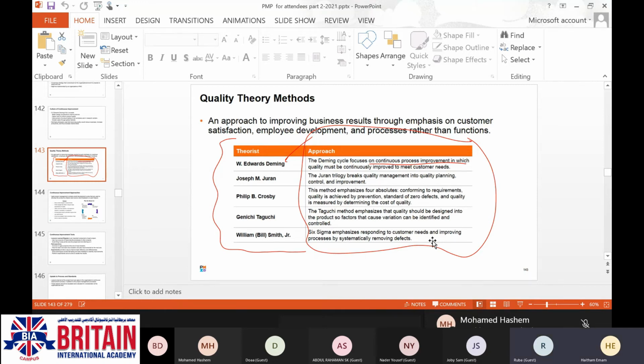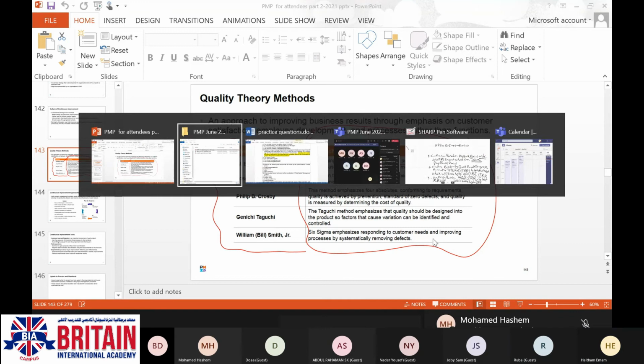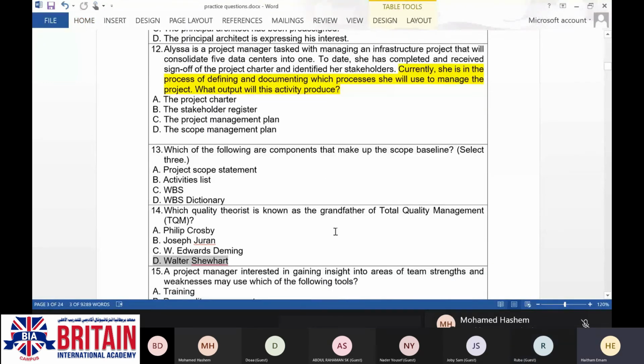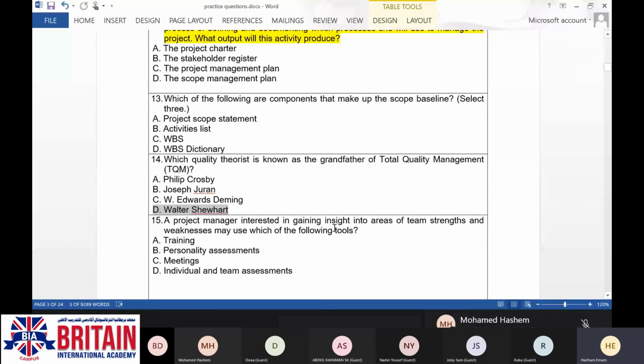A project manager interested in gaining insight into areas of team strength and weakness may use which of the following tools?